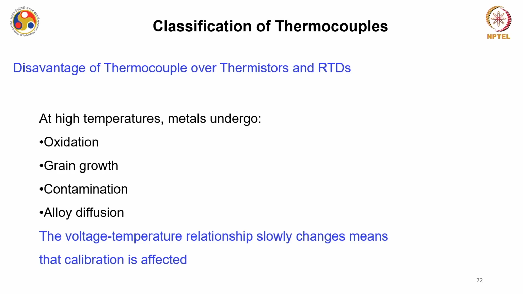Okay, then there are other disadvantages, like when you talk about temperatures of the order of say 1500 to 1600 degrees Celsius, at such high temperatures metal can undergo oxidation, and there can be subsequent grain growth and contamination, and some particles may diffuse in the metal, which means that the voltage-temperature relationship may change very slowly, and this means that your calibration is directly affected.